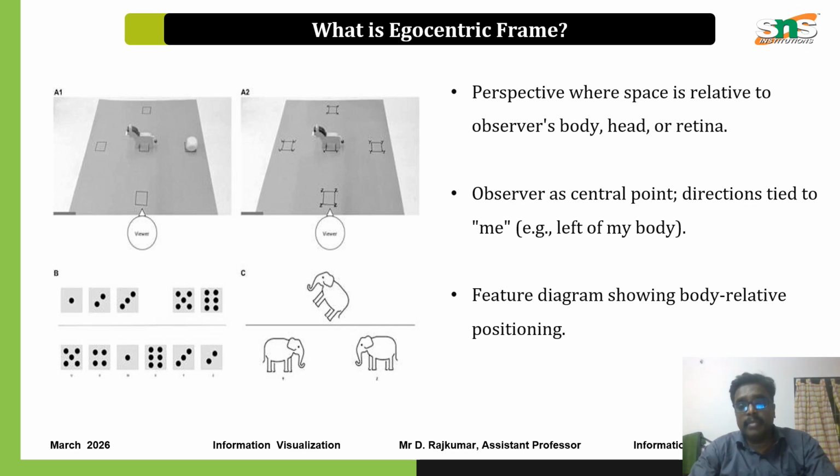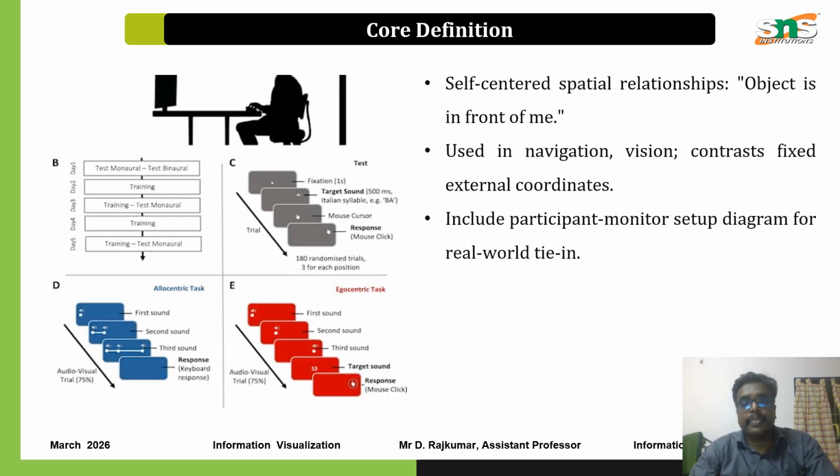All the positioning is based upon the body, which is right in front of any objects. So egocentric is a self-centered spatial relationship where, for example, the object is in front of me. These kinds of situations are used in navigation and vision control.